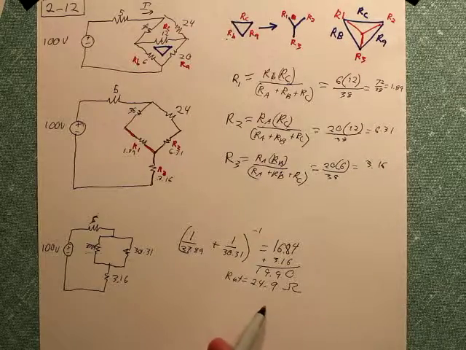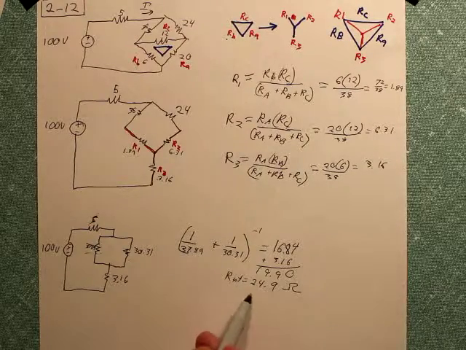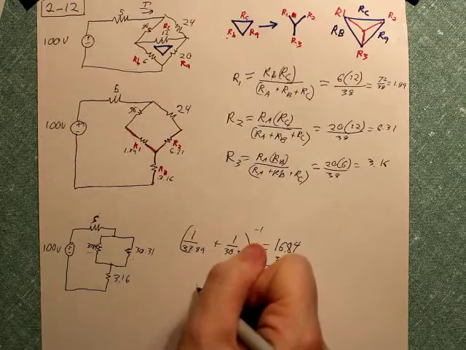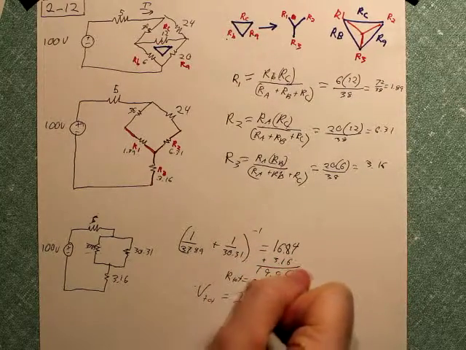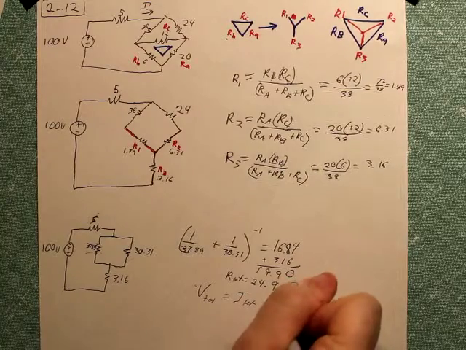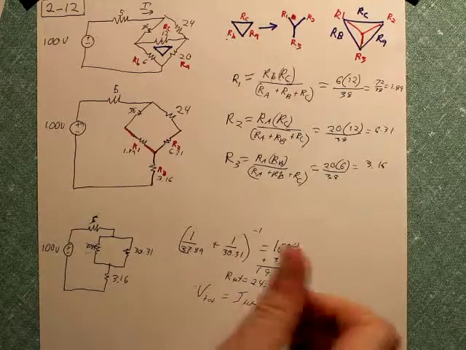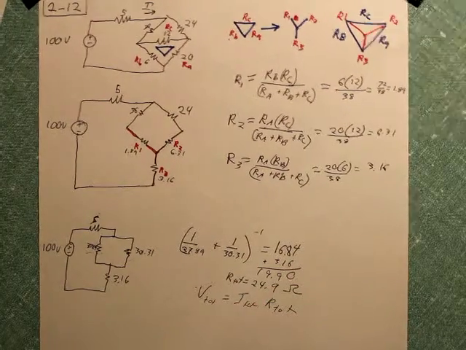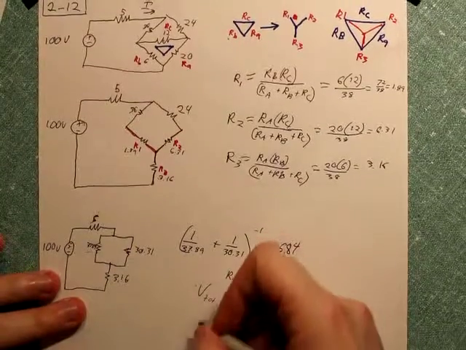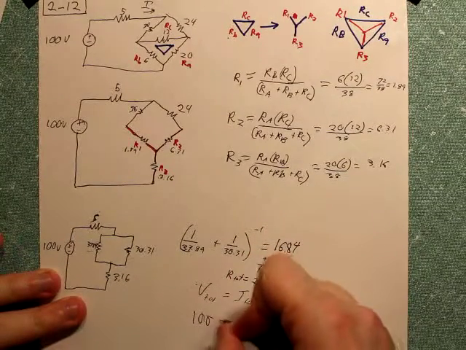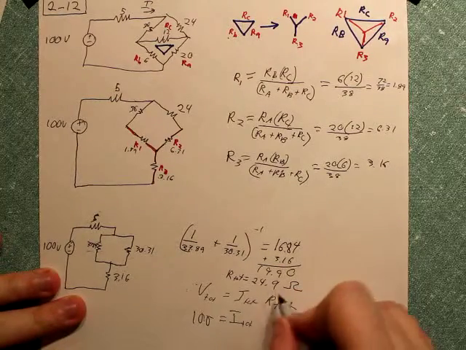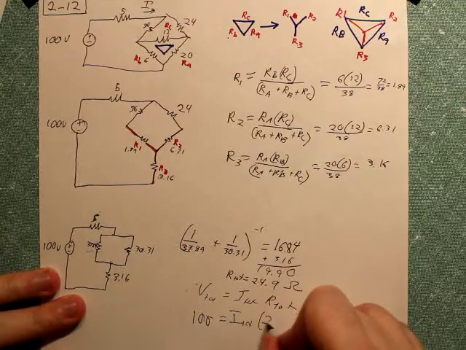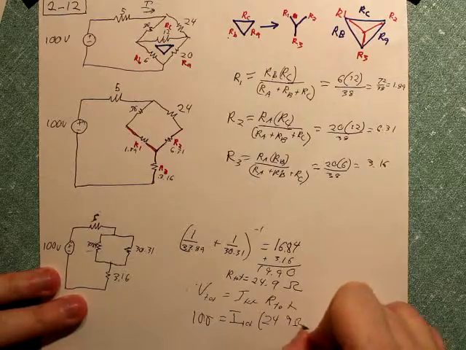So this is R total equals 24.9, so V total equals I total times R total. Sorry, I'm having trouble writing at that angle. So what can we solve here? 100 equals I total times R, which is 24.9 ohms.